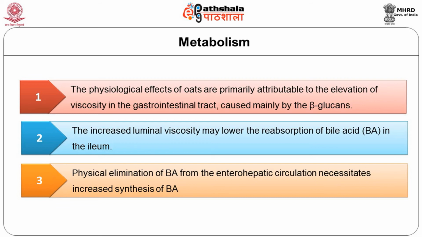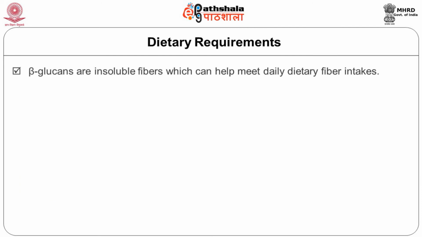Thus, beta-glucans work not only by reducing cholesterol, but also reduce the glycemic index of the food by decreasing glucose absorption. Usually, beta-glucans are soluble fibers which can help meet daily dietary fiber intakes.